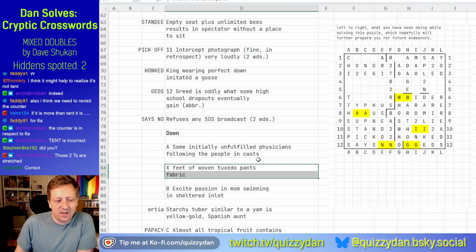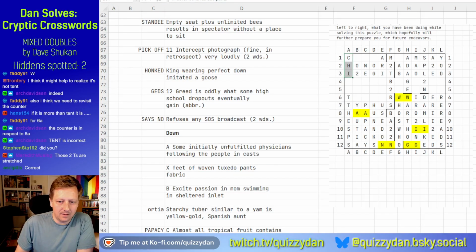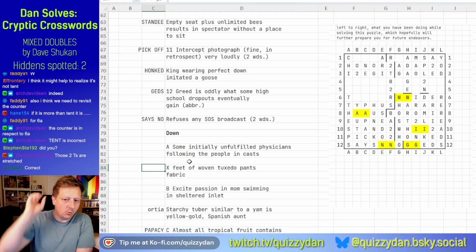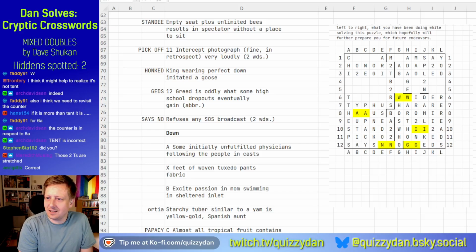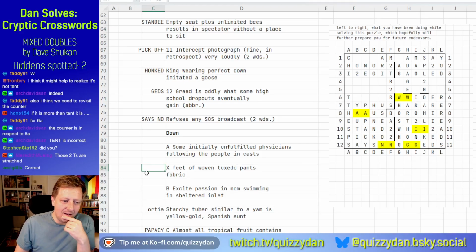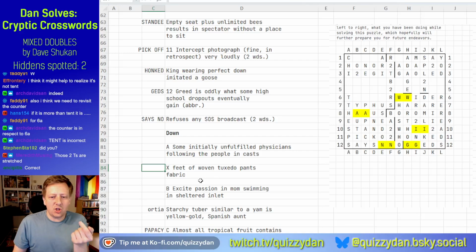So X feet. So X is Kai. And then feet would be FT. Woven tuxedo pants fabric. Is CHIFT? Is that a thing? No, that's not a thing. The feet of woven. I want it to be chiffon.